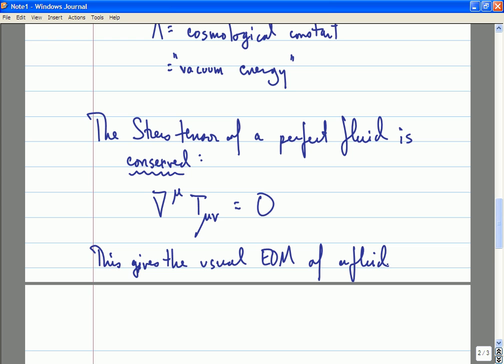So, for example, it will reproduce the continuity equation. If you consider a fluid which is moving very slowly compared to the speed of light, then the zero component of this equation, where you set nu equal to 0, will say that the time derivative of T^00, which is to say the time derivative of the energy density, is equal to the divergence of the energy density times the velocity.